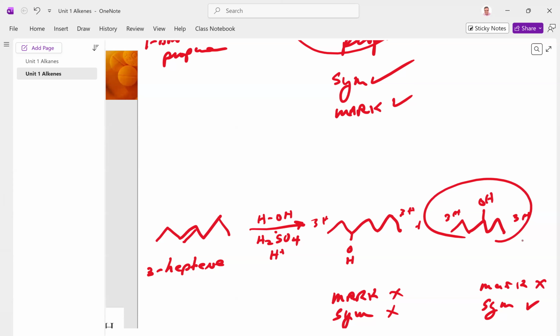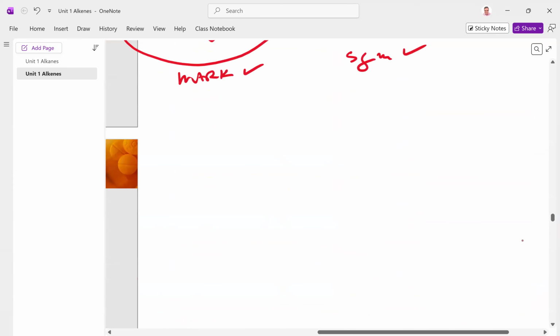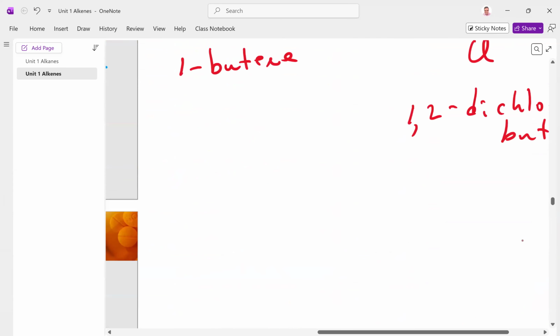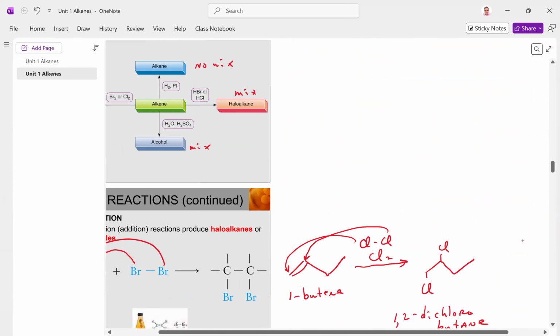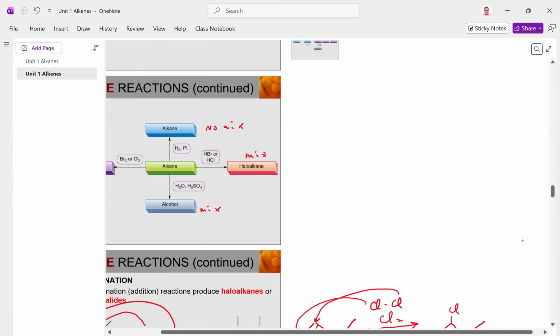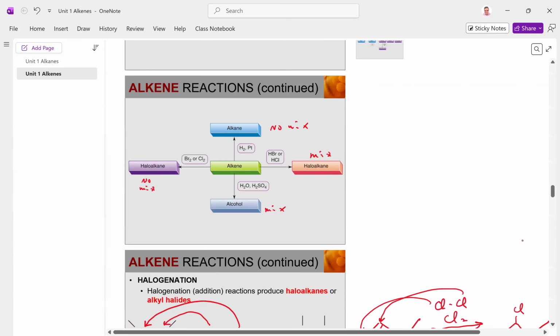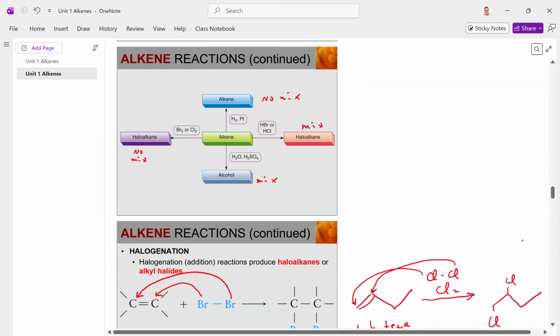Okay, so we have 3 minutes left. So I'm going to go back up. We've gone over 4 reactions today involving alkenes. We can add a homogenic addition like H2, Cl2, Br2, no mix.